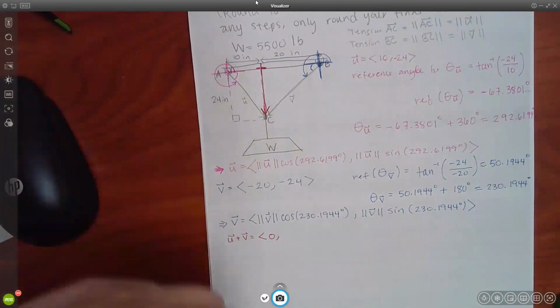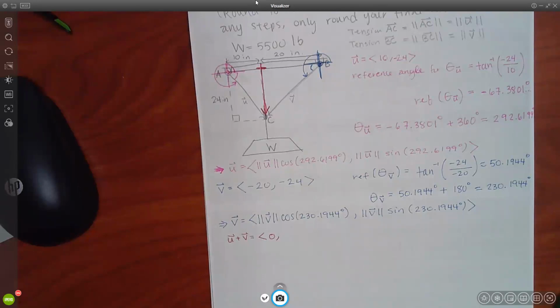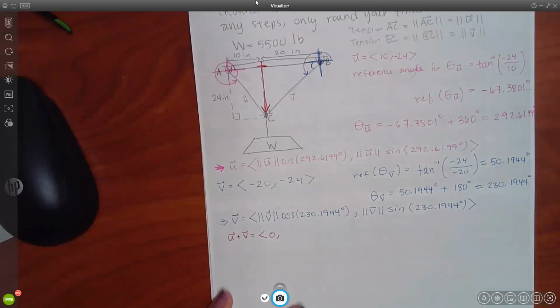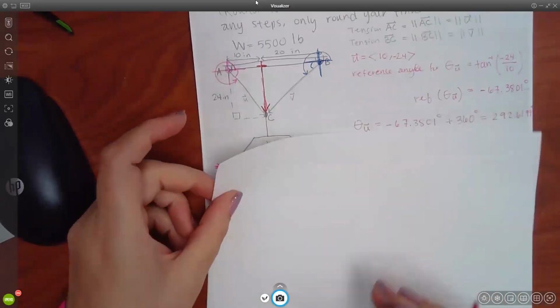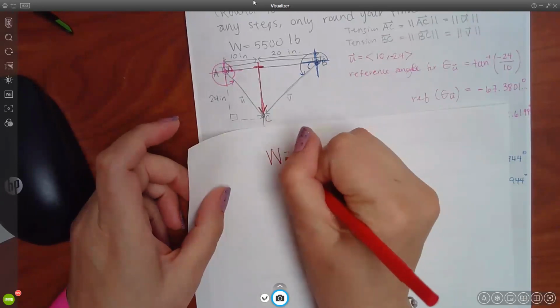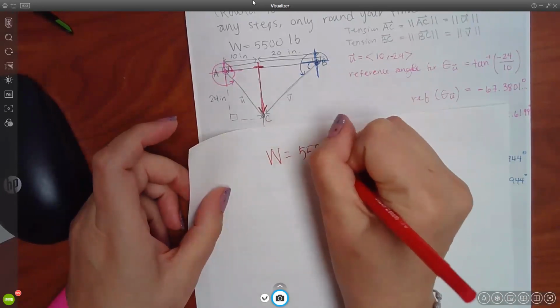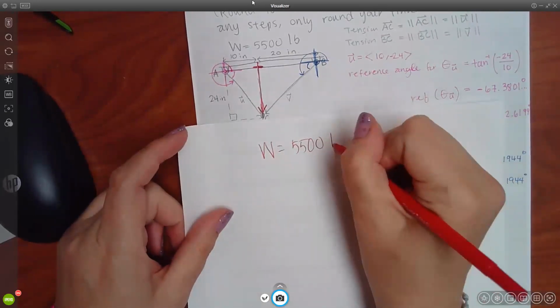But I am going to have a Y coordinate of this distance, which is what? But they don't say that. Oh God, how am I going to explain that? Okay, this is how I'm going to explain it. It's telling me that the work is 5,500 pounds.